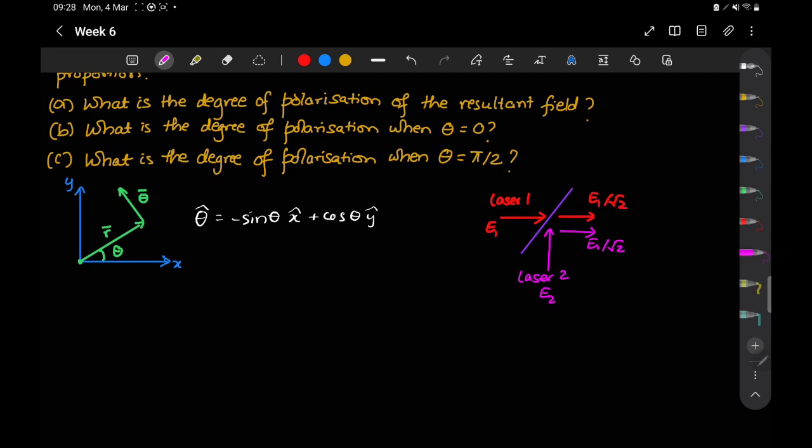We have laser 1 as the input, field E1, then laser 2 at the other input, which is field E2, and then at the output port the combination will give the net electric field, and this 1 over root 2 factor is coming from equal proportion of splitting.